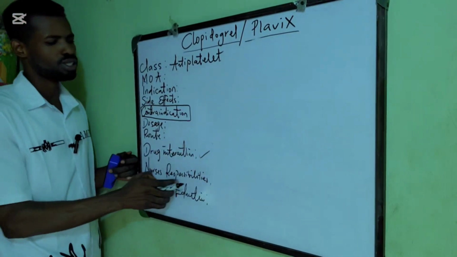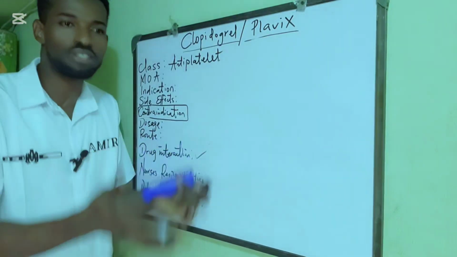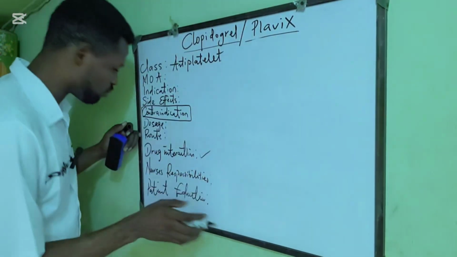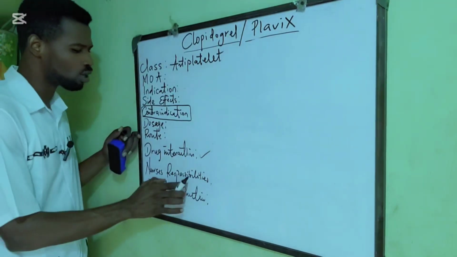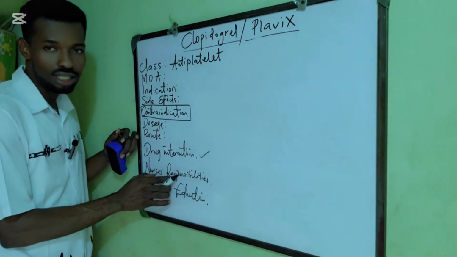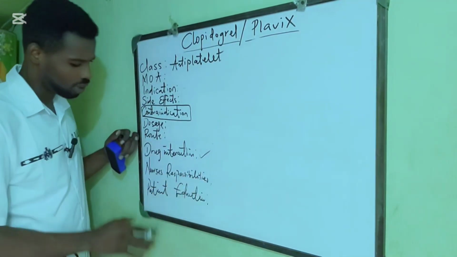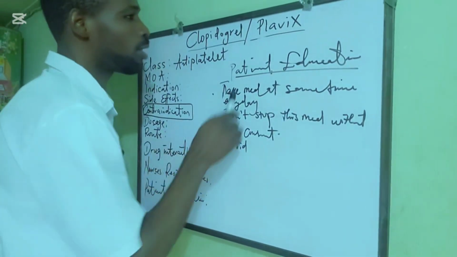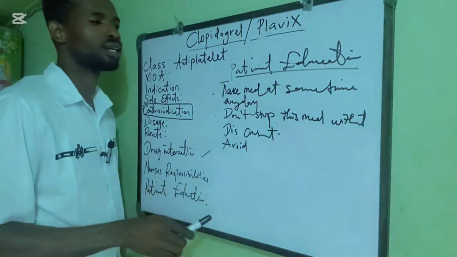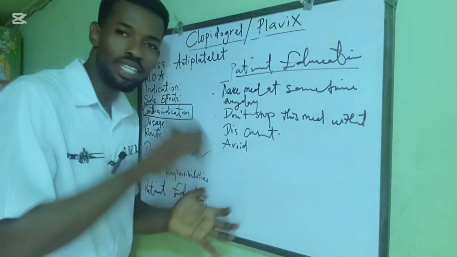Now for the nurse's responsibilities, please, after observing the right dose, the right route, the right patient, the right medication and everything, please always assess for bleeding. Always assess for bleeding. It's very, very important. Bruises, very, very important. Yes, patient education. The first thing you need to consider is to tell the patient to take this medication at the same time every day.